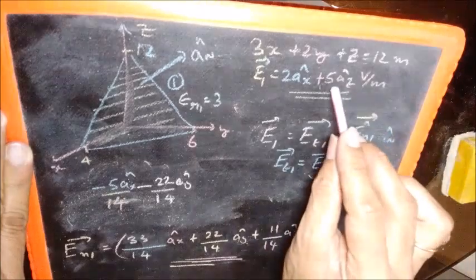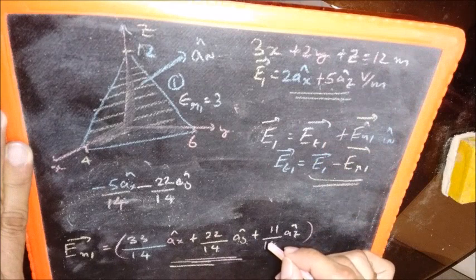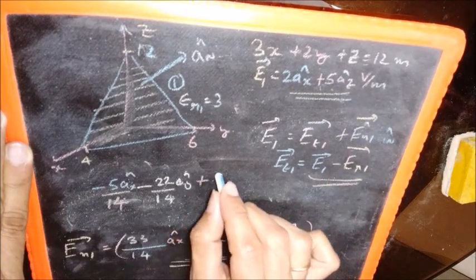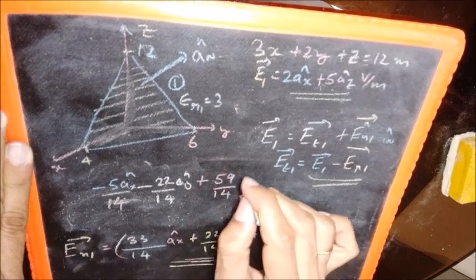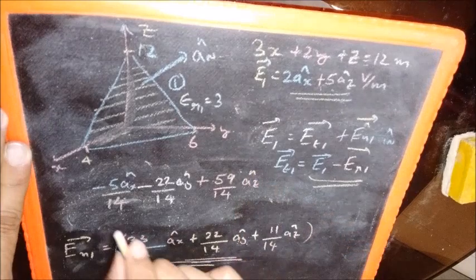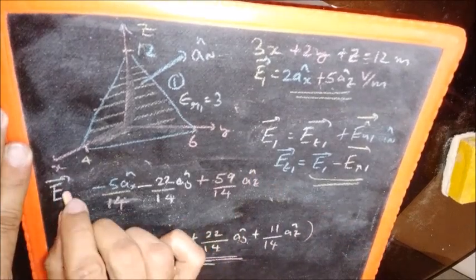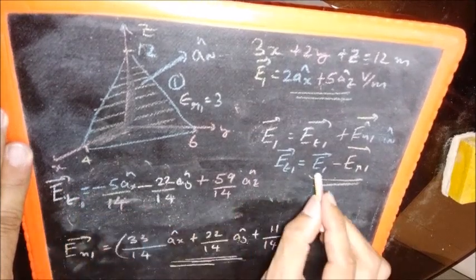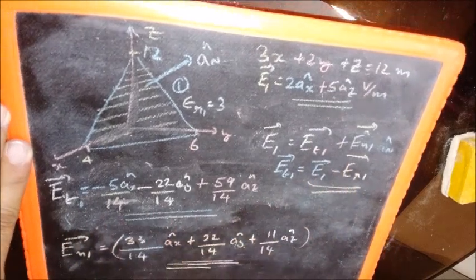And 5 minus 11 by 14 gives plus 59 by 14 az cap. This is Et1, because Et1 is E1 minus En1, which we did just now, and we got this many volts per meter, that is Et1.